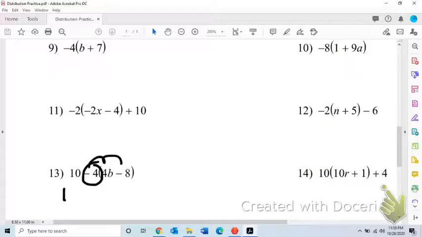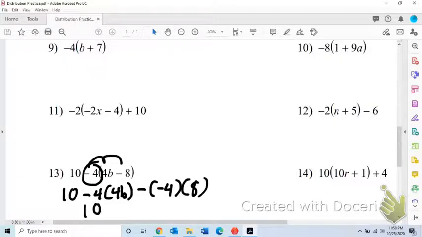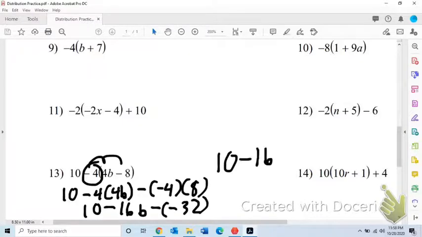So that gives us 10, and then negative 4 times 4b, bring down that minus sign, and then negative 4 times 8. So that gives us 10 minus 16b minus a negative 32, which becomes 10 minus 16b plus 32.